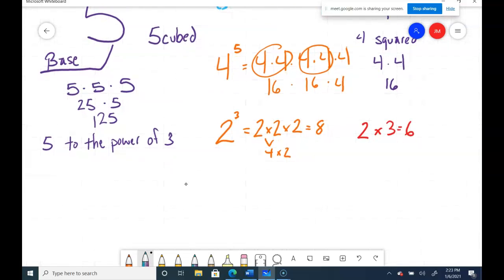Okay. 3. Somebody tell me how we say that. 3 to the power of 4. What is the solution for 3 to the power of 4?